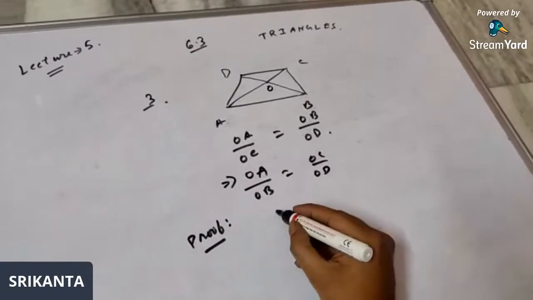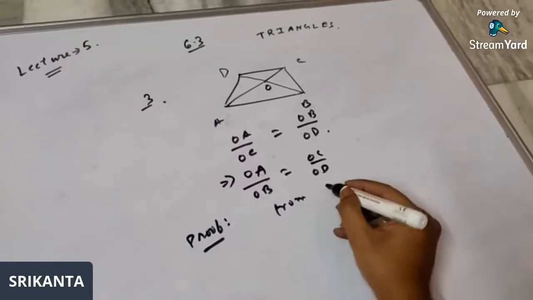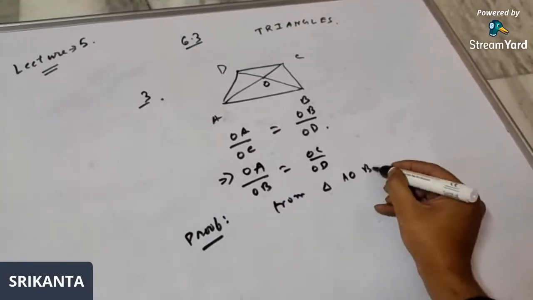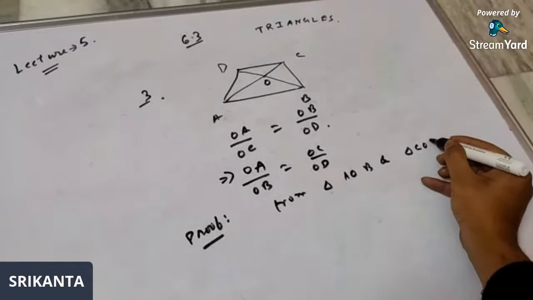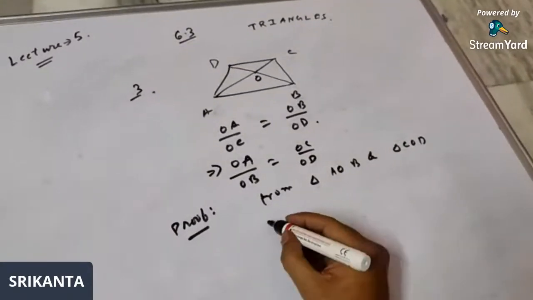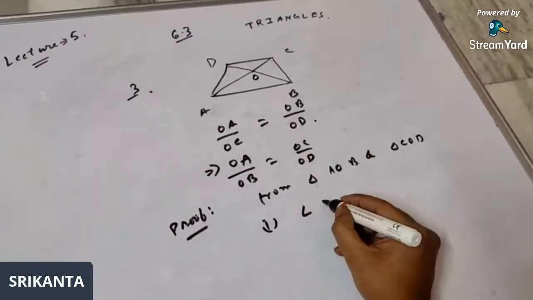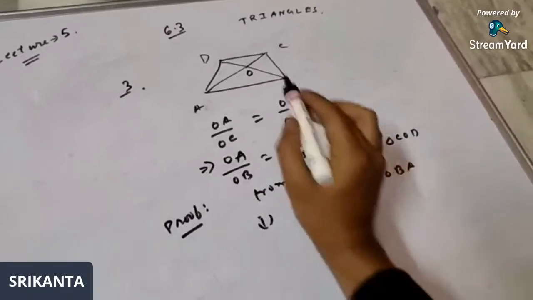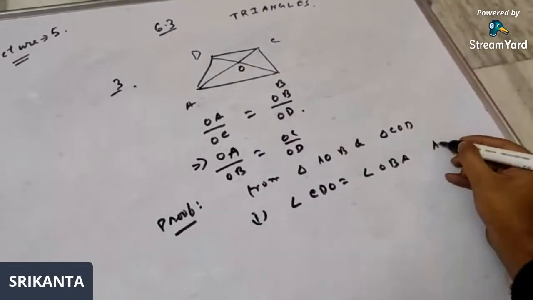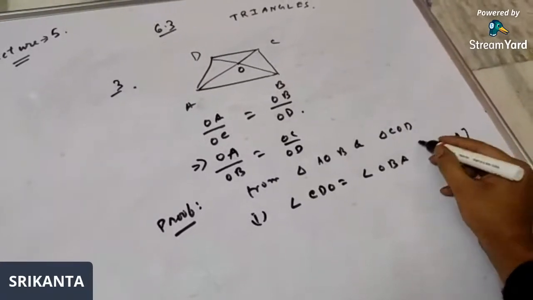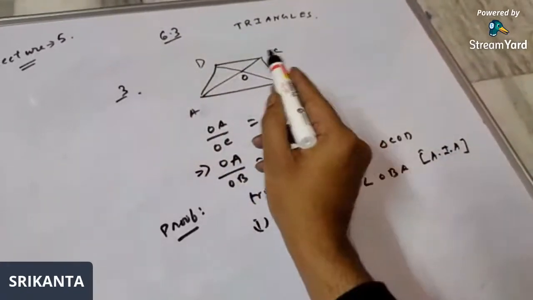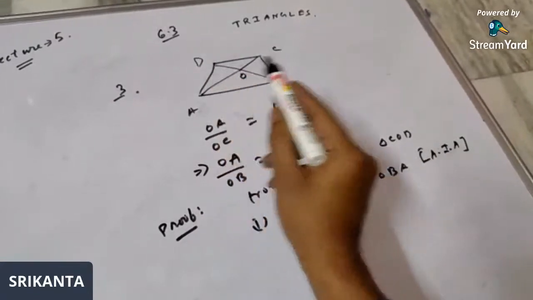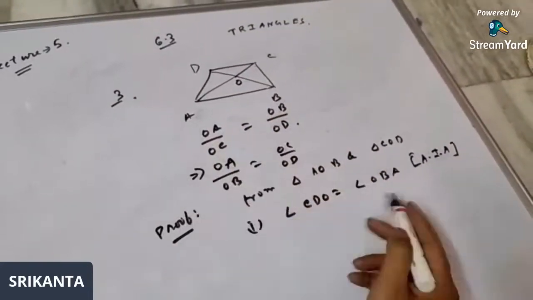How do you prove? From triangle AOB and triangle COD, what can we have? Number one, angle CDO is equal to angle OBA. Why? Because they are alternate interior angles as AB is parallel to CD, given. See Z, so CDO is equal to OBA.